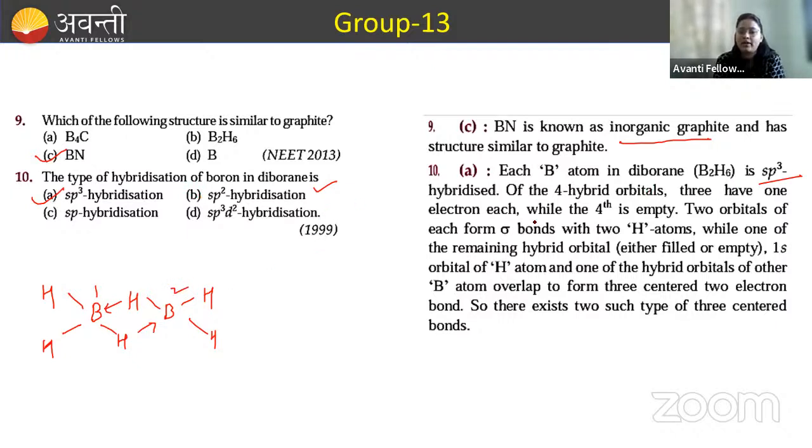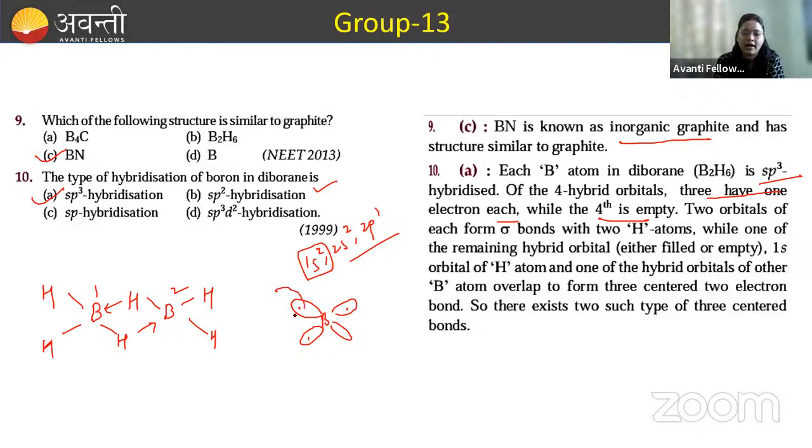Of the 4 hybrid orbitals, 3 have 1 electron each while the 4th orbital is empty, because if we look at the electronic configuration of boron, it is 1s2 2s2 2p1. These are the 3 electrons present in the valence shell. That's why each orbital has an electron, but the 4th one is empty. Okay, so 2 orbitals of each boron form sigma bonds.